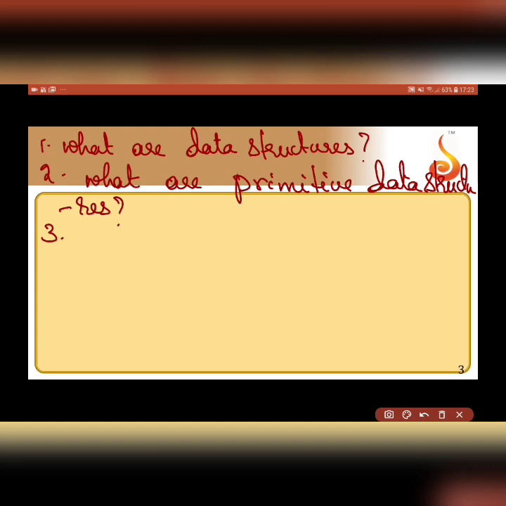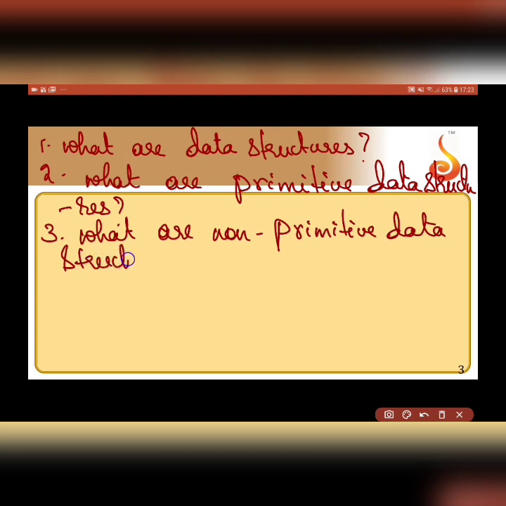Third question, what are non-primitive data structures, and give any two examples.